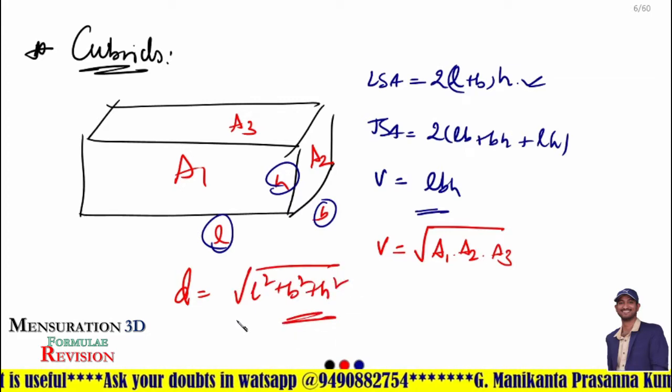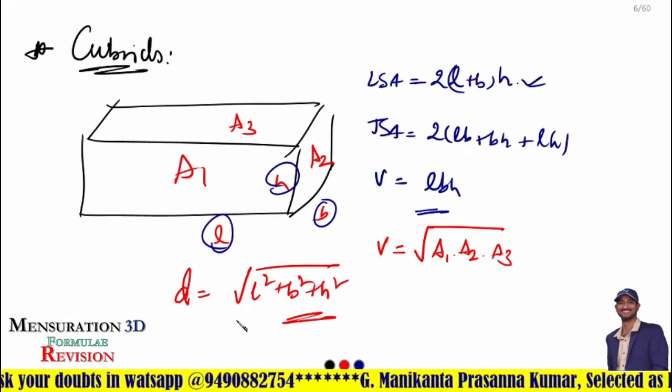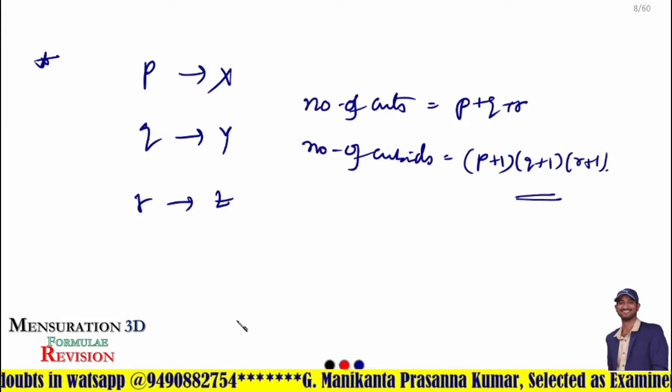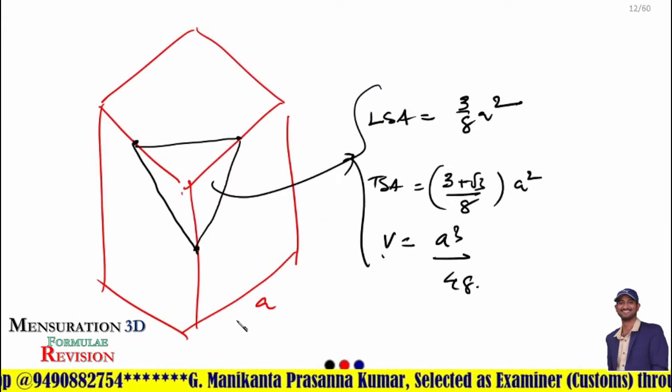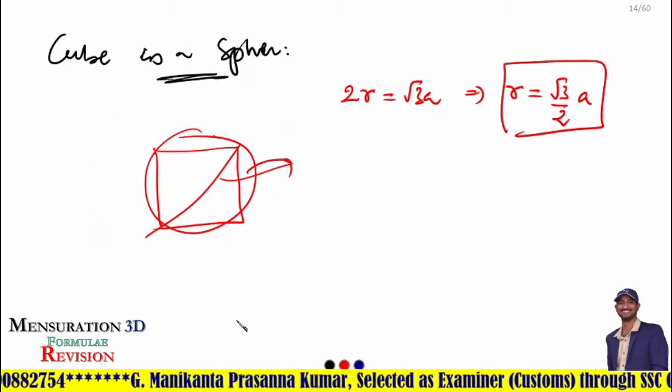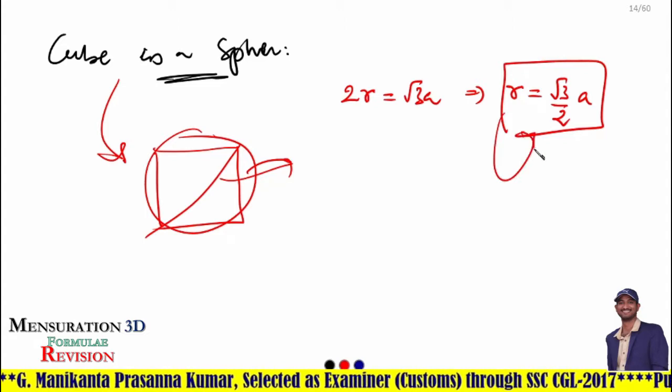So these are also very basic formulas. When a cube is inscribed in a sphere, the radius of the sphere is root 3 by 2 into a.